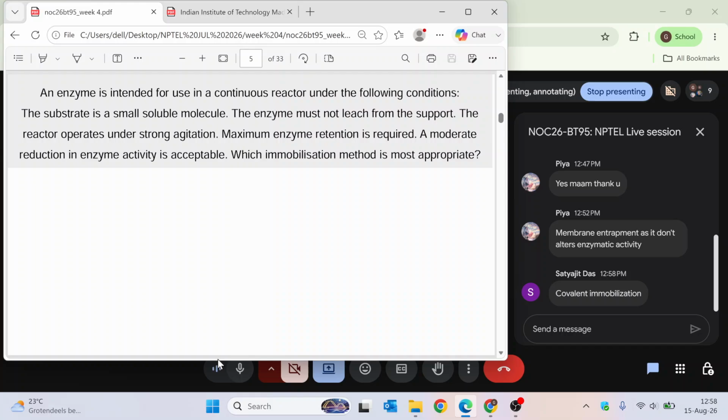Okay, covalent immobilization. Anyone else wants to answer? Wants to try?